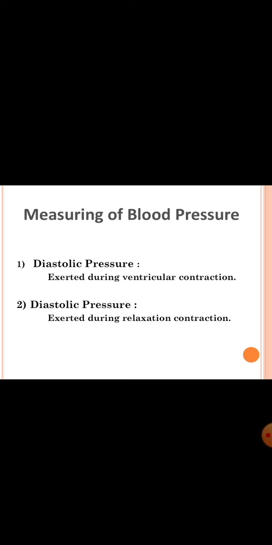Means the pressure exerted during relaxation of ventricle, means ventricular diastole, and it is about 80 mm of Hg in a normal person, while systolic pressure is the pressure exerted during ventricular contraction, known as ventricular systole, and it is about 120 mm of Hg in a normal person.